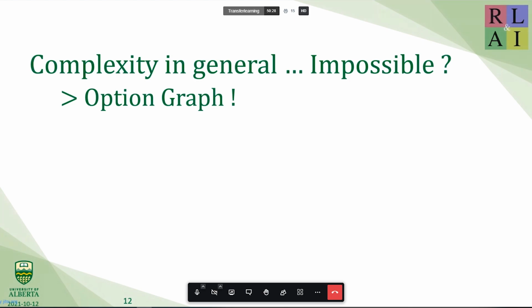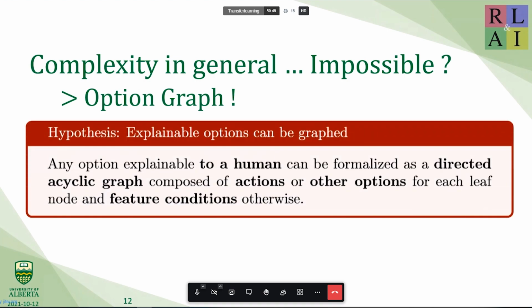The idea is that for some things that you cannot explain, you cannot assess their complexity. It might be too subjective. But if you do have structures in your behavior, then maybe you can have a complexity that would be defined. That's why I've worked on this hypothesis: explainable options can be graphed.